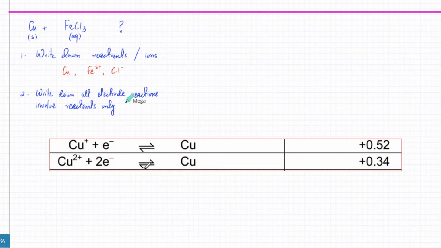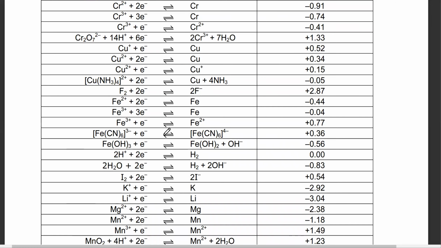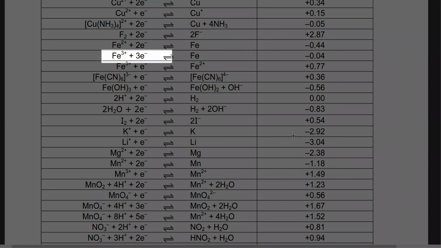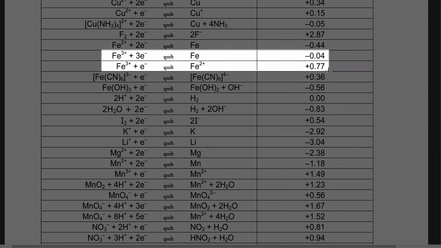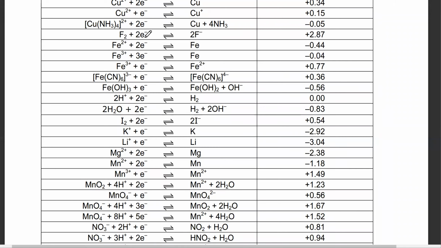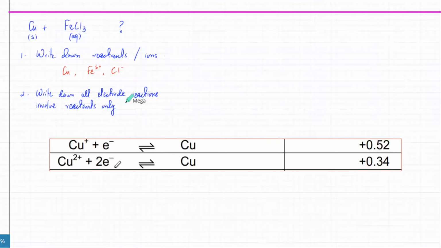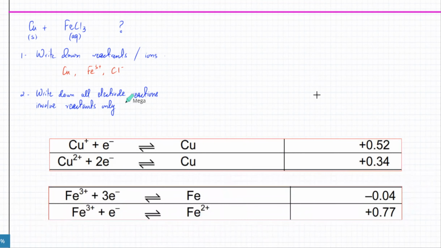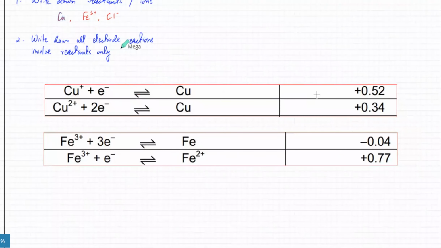Then I've got Fe3+, so I'm going to figure out all reactions involving Fe3+. There are two of them, and I'm going to copy those two Fe3+ reactions. There's no Fe3+ anywhere else. Then I've got Cl-.